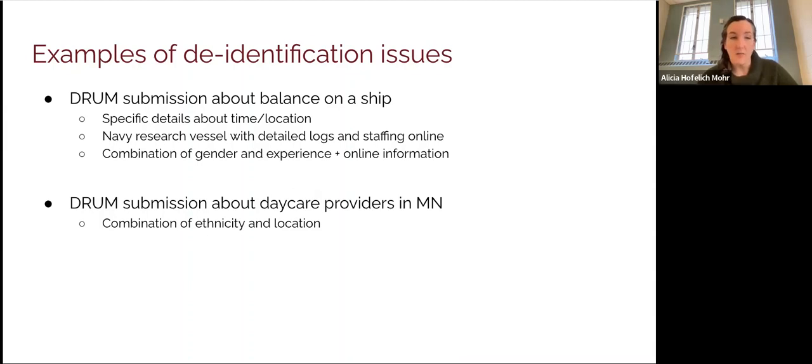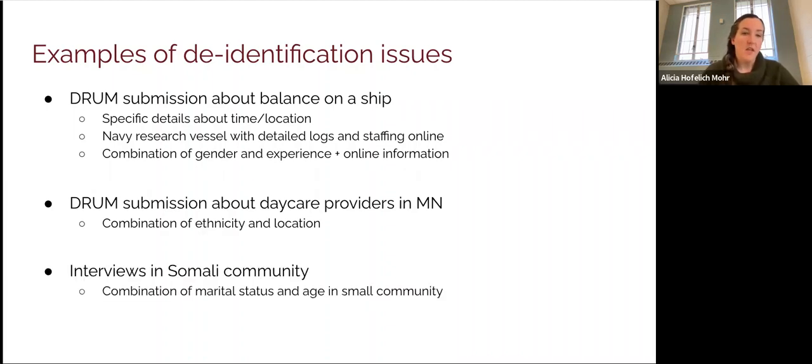So that would be very easy to possibly identify, even though there's no directly identifying information in there, especially because licensing information is also available publicly online associated with names and locations of daycares. So that can be cross-referenced.